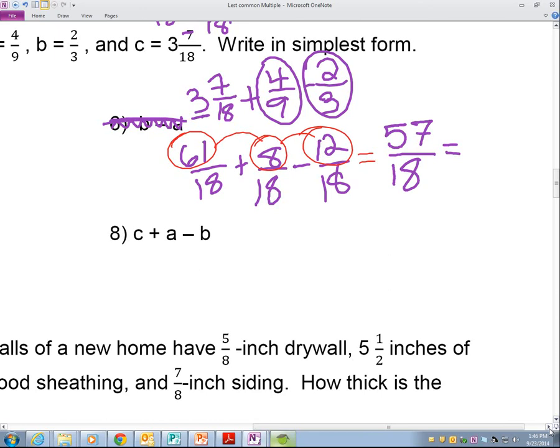Joe? Yeah, I have a question. Okay, so why are you not putting the addition sign in between 4/9 and 8/18? You mean this addition sign? You have a subtraction sign.